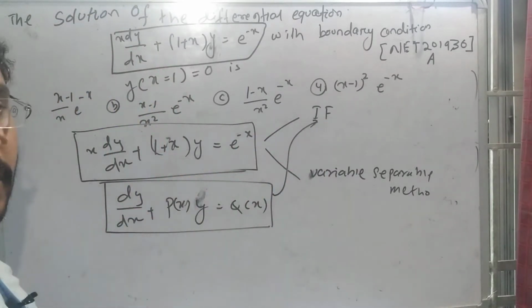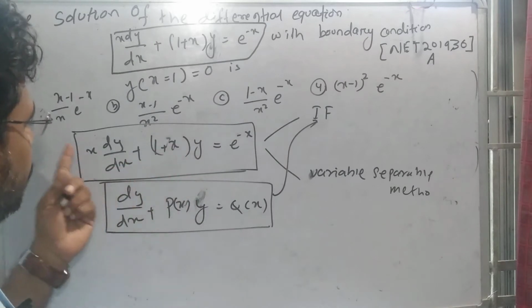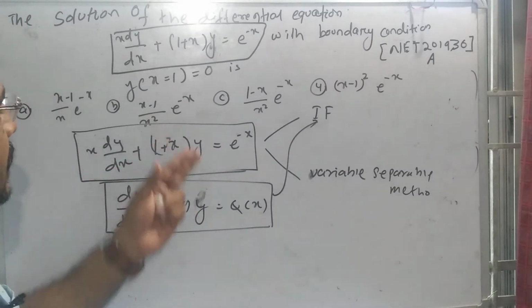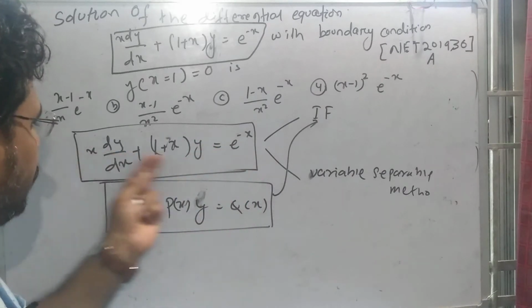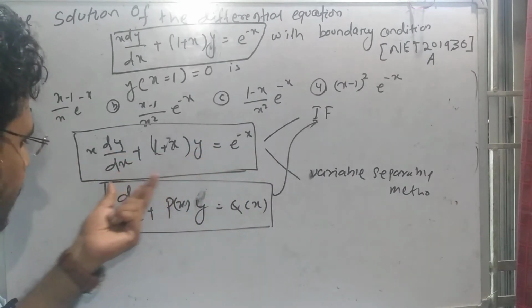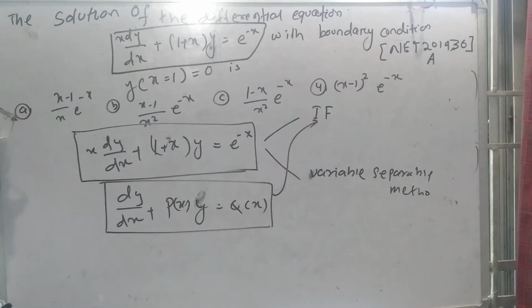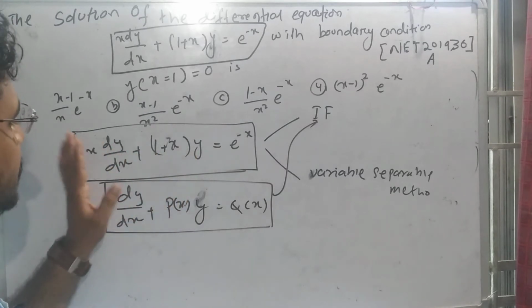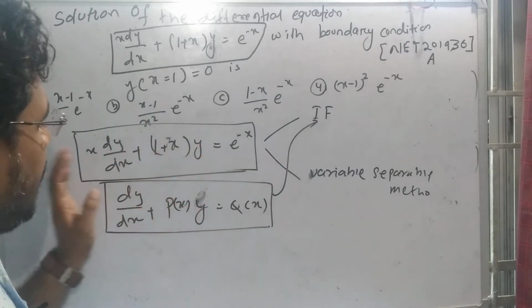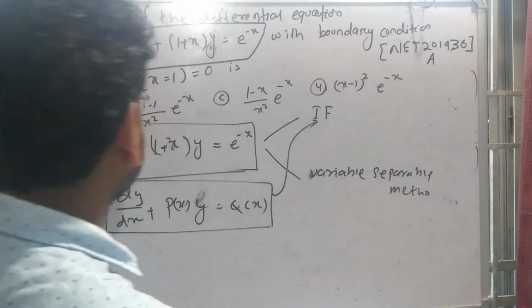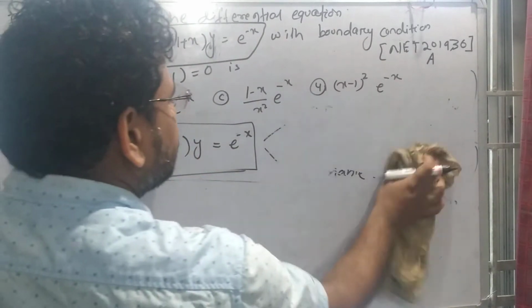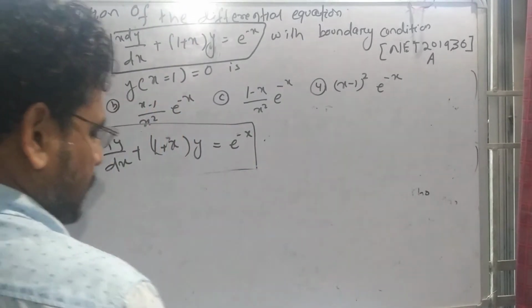In this method, we first find the integrating factor, then multiply it over the whole equation, and then write the left hand side of the differential equation as a total derivative. Then we can solve it this way. Let's see how we can solve this one.